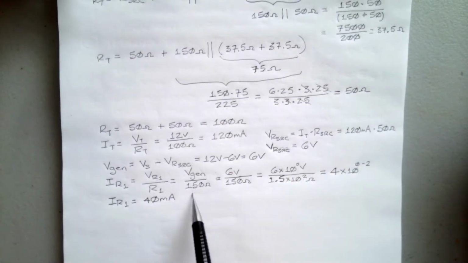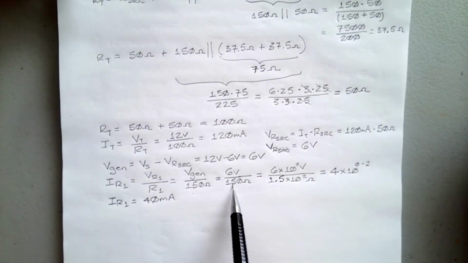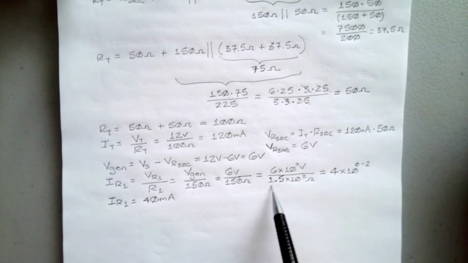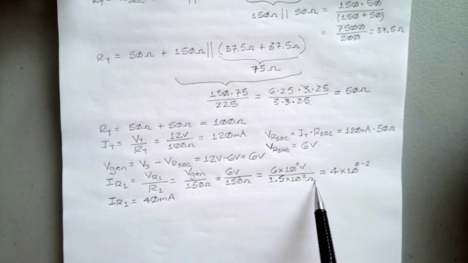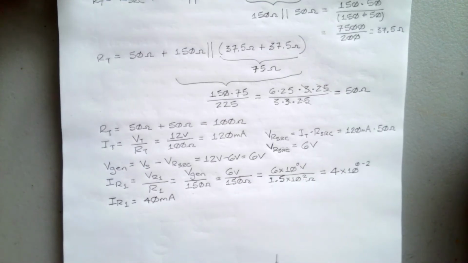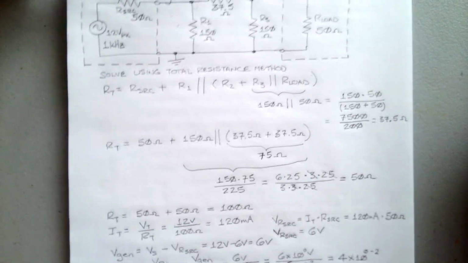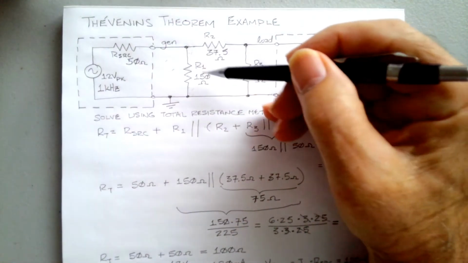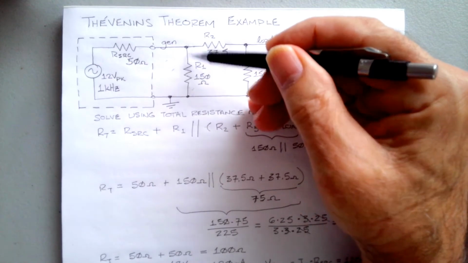So V gen divided by 150 ohms, 6 volts over 150 ohms, that's 6 times 10 to the 0 volts divided by 1.5 times 10 to the 2 ohms. 4 times 10 to the 0 minus 2 is going to be 10 to the minus 2. That results in 40 milliamps. Okay, so now we're going to have 40 milliamps going into here.